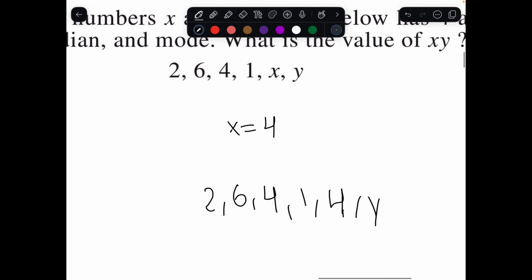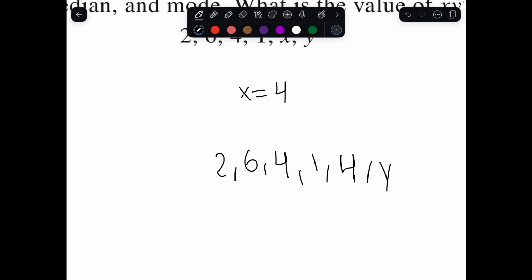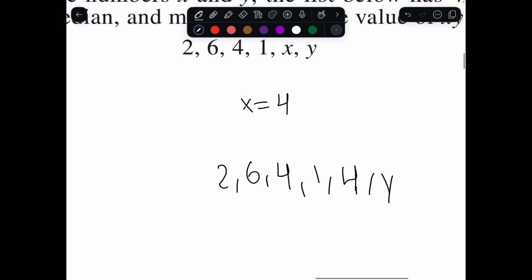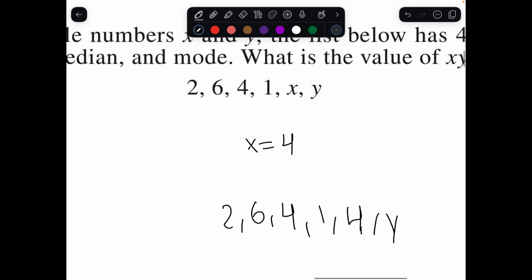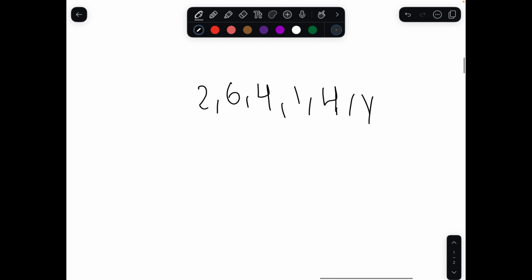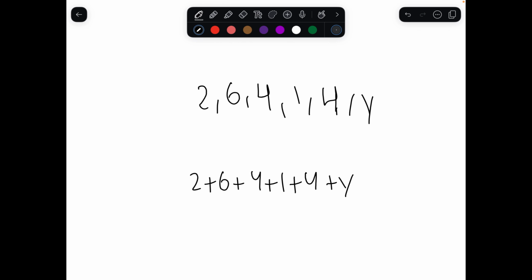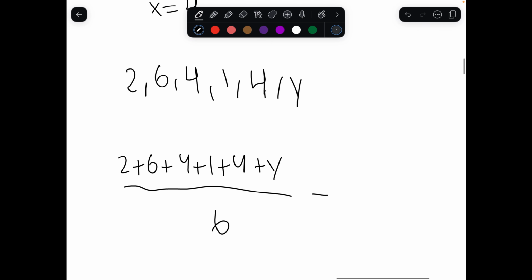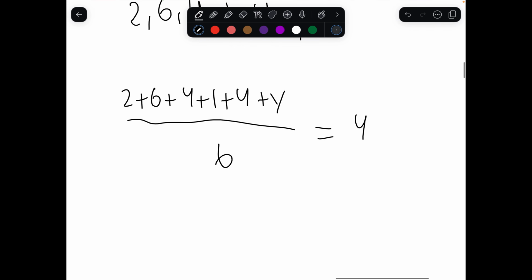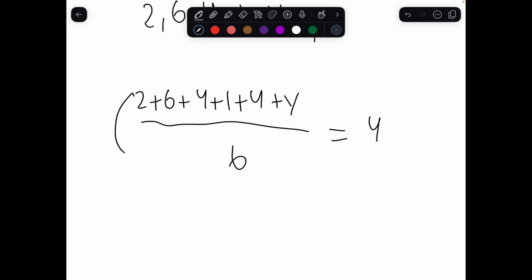So in this case, you're going to add up 2, 6, 4, 1, 4, and y, and divide that by 6 because there are 6 numbers. So let's do that. 2 plus 6 plus 4 plus 1 plus 4 plus y all over 6 equals 4. And now we can just solve for y, right? Let's multiply this side by 6.